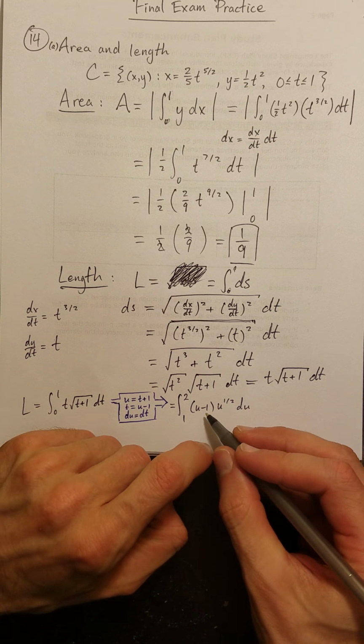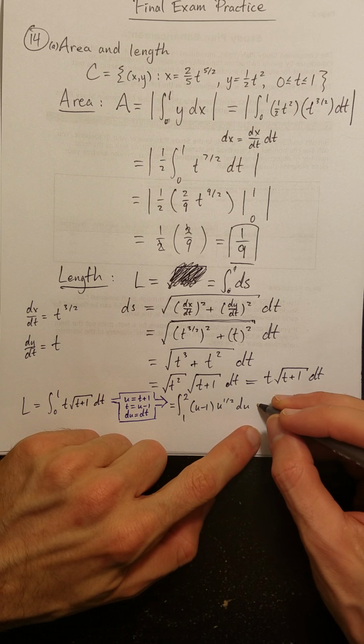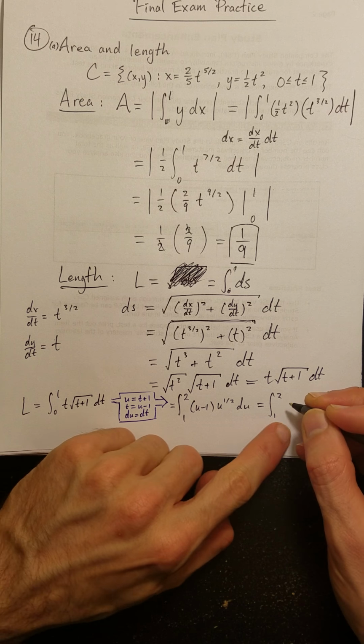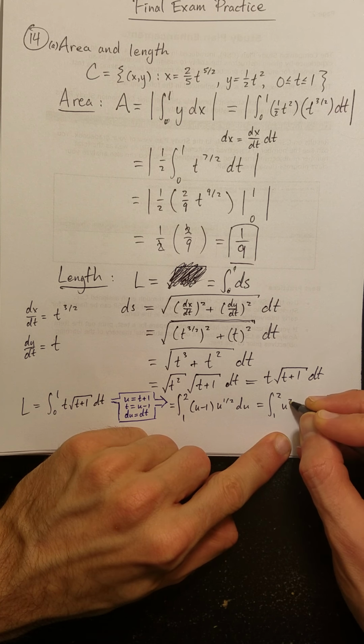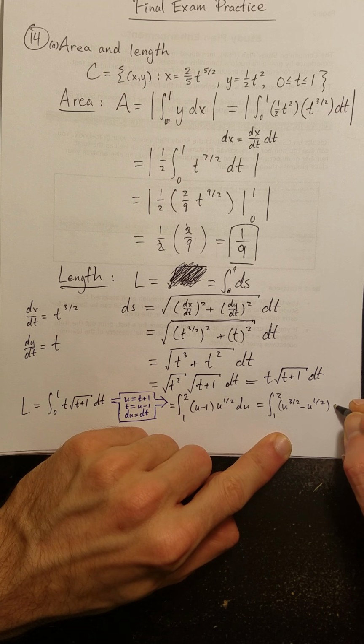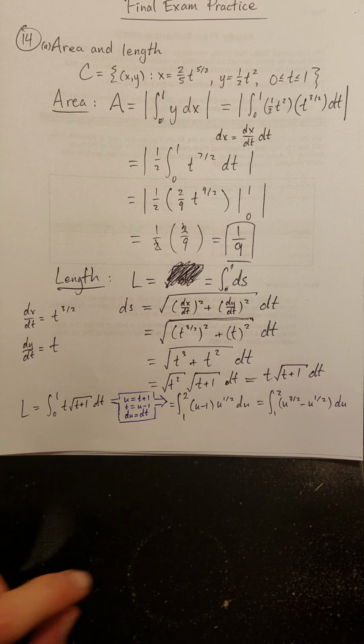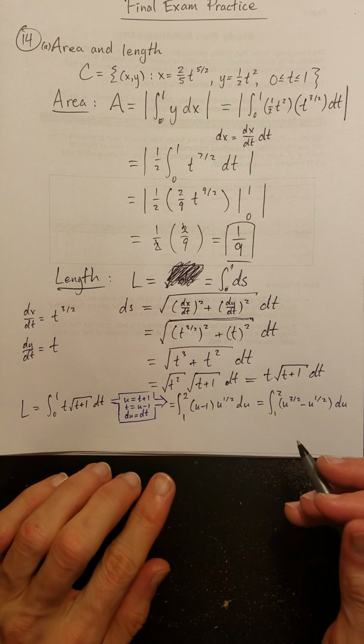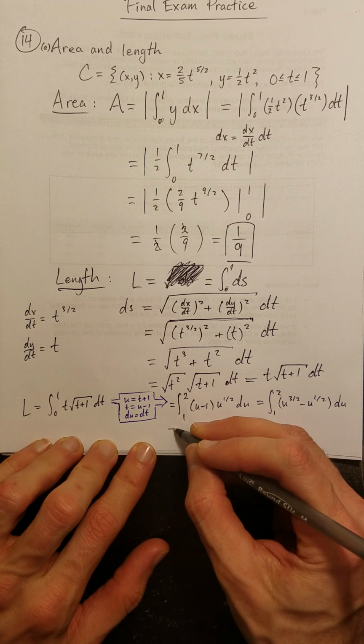Okay, and so then multiplying everything in my integrand, this is just the integral from 1 to 2 of u to the power 3 over 2 minus u to the power 1/2 with respect to u. And so now I can integrate this.